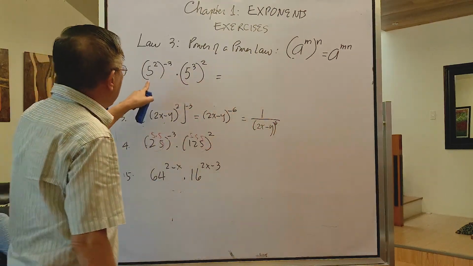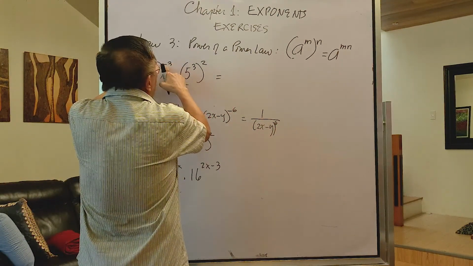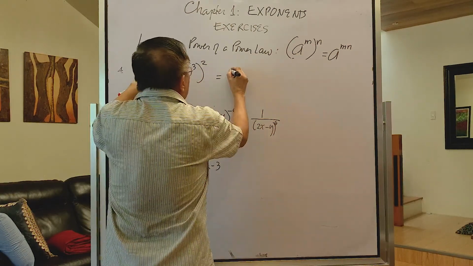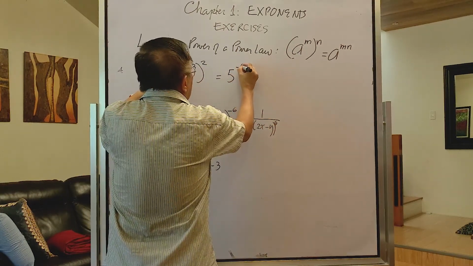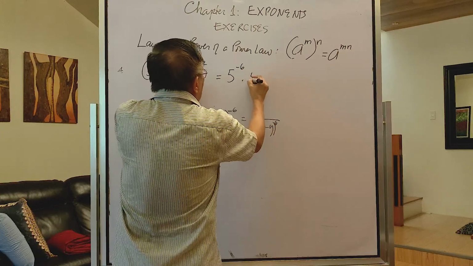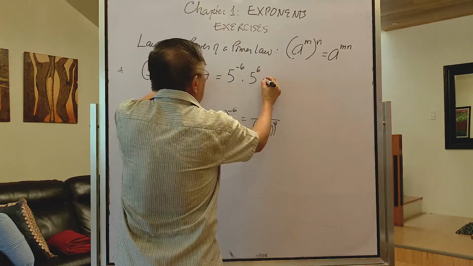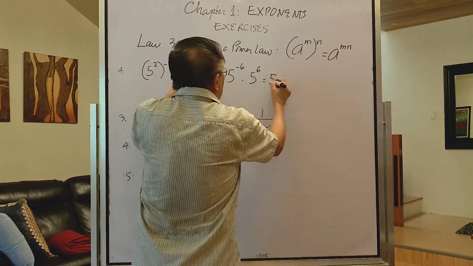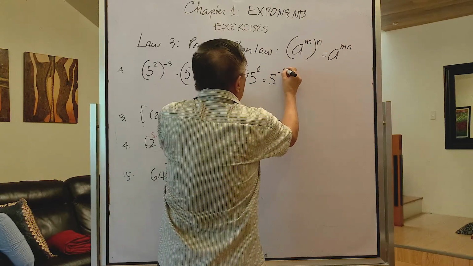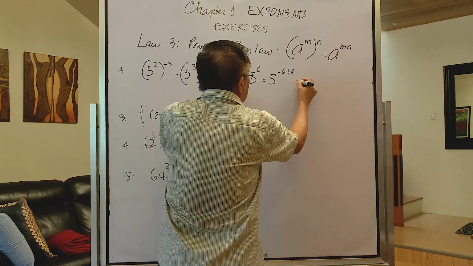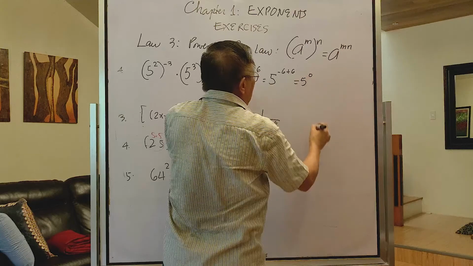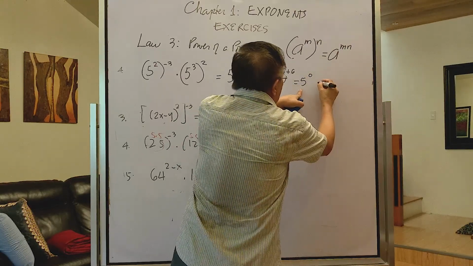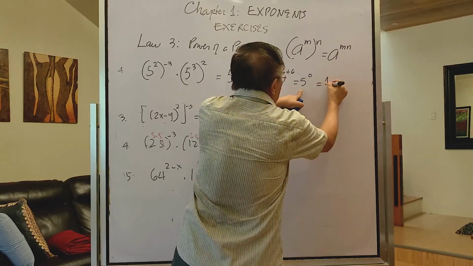And what do I have for that? From the power of a power law, this gives me 5 to the negative 6, and this is 5 to the 6. Or from the product law, this will give me negative 6 plus 6, which gives 5 to the 0. And by definition of a 0 exponent, that one is equal to 1.